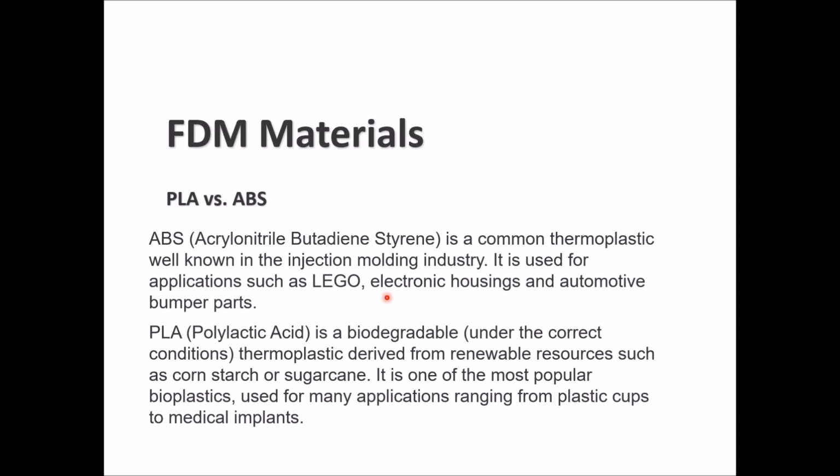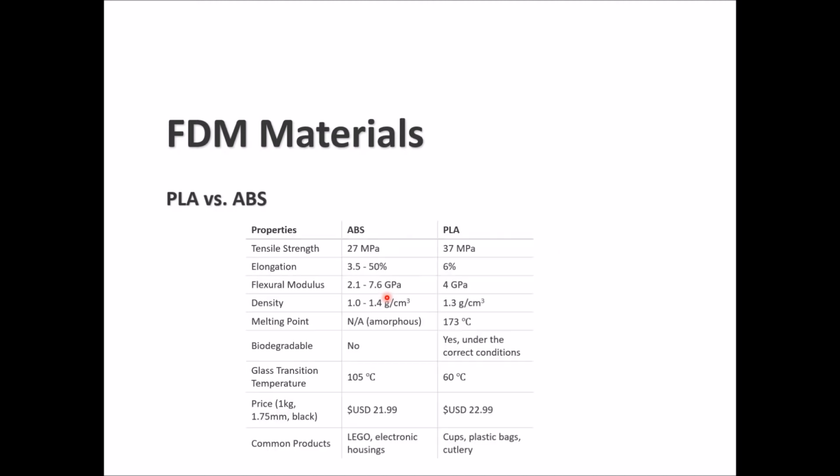PLA can degrade through time as a biodegradable material. It is derived from renewable resources like cornstarch or sugar cane. It's considered one of the most popular bioplastics, and it can be used for a lot of applications, from plastic cups up to medical implants.